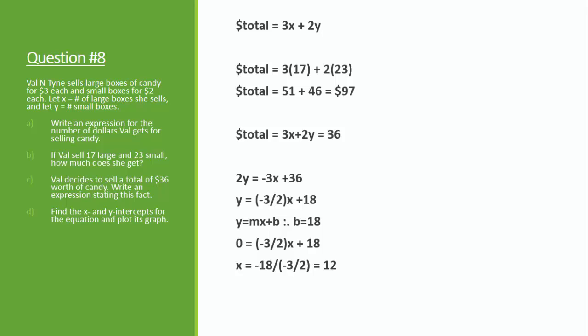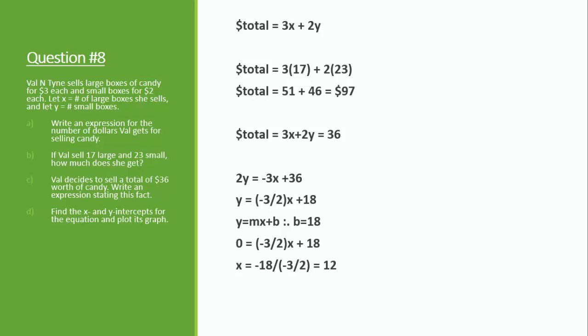So when y is 0, x is 12, and when x is 0, y is 18. Once again, I know that when x is 0, y is going to be 18 because that's my b when I write the equation in the format y equals mx plus b. And I know that x is equal to 12 when y is 0 because I took the equation, plugged in 0 for y, and solved it for x, and my result was 12.